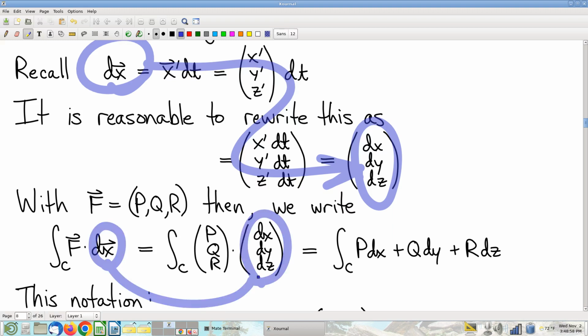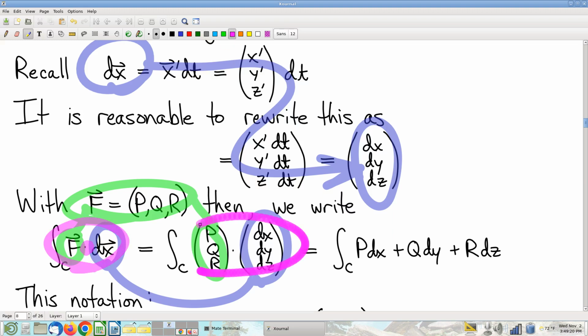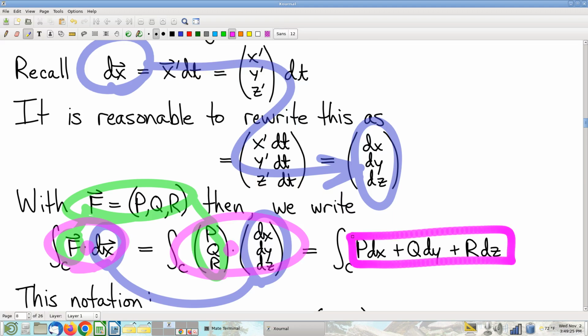Now, all I did is rewrite dx in coordinates as dx, dy, dz. And of course, your vector field is going to have coordinates. I'm going to use the usual, fairly standard P, Q, R to represent the coordinates of my vector field. And now you can just straight up dot out that dot, right? That dot right there. You can just dot it out and you get that.